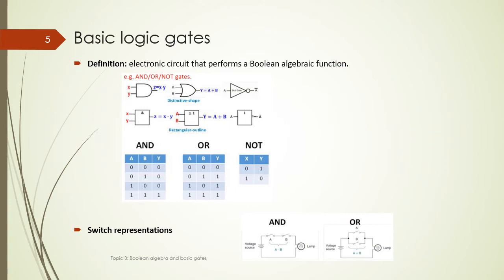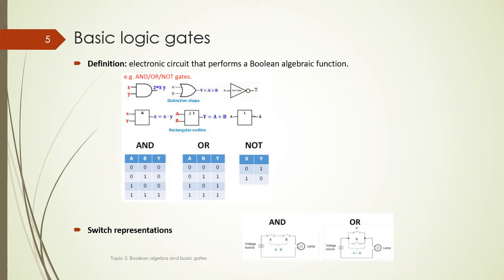Okay, now let's look at the logic gates. Logic gates are basically a physical realization of our Boolean functions, like AND, OR, NOT. This is a physical realization, like the real circuit to realize that function. Basically, what you see here are the symbols to represent those circuits.